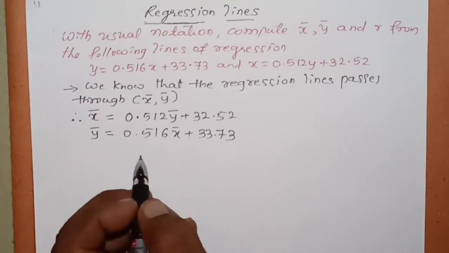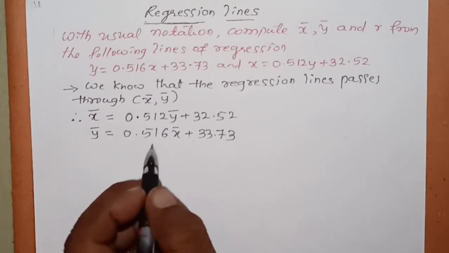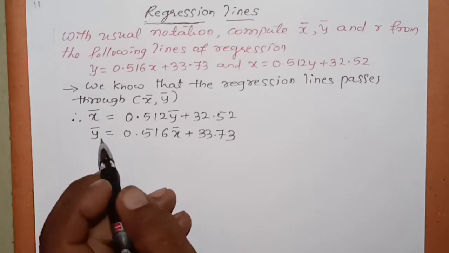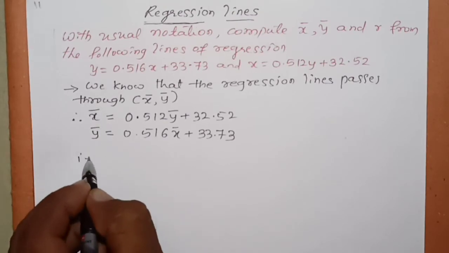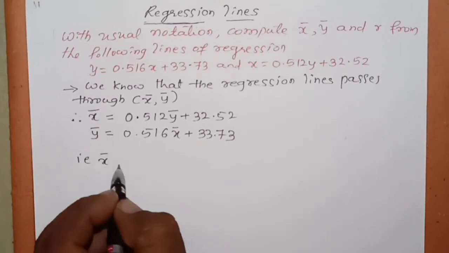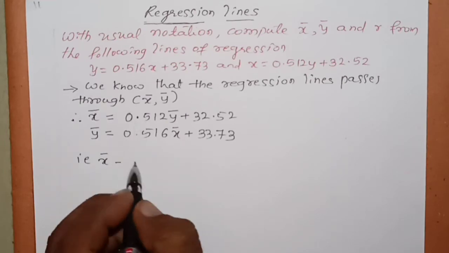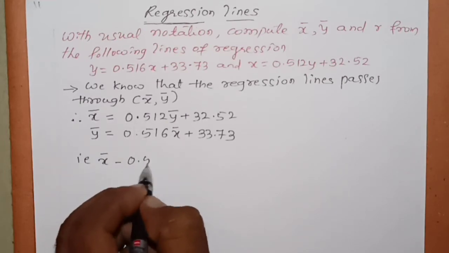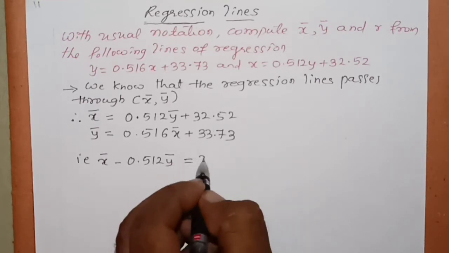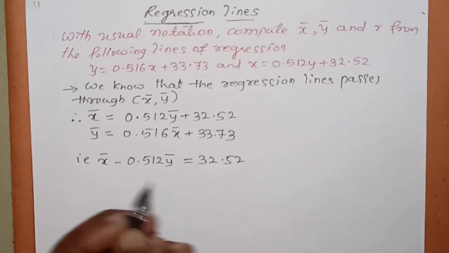So to solve this type of equations, to get the values of x and y, we'll write: x bar, shift this to the left side, so x bar minus 0.512 y bar is equal to 32.52.